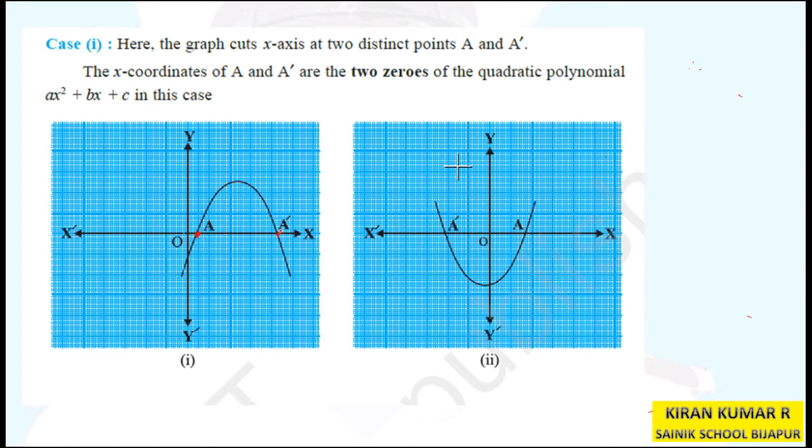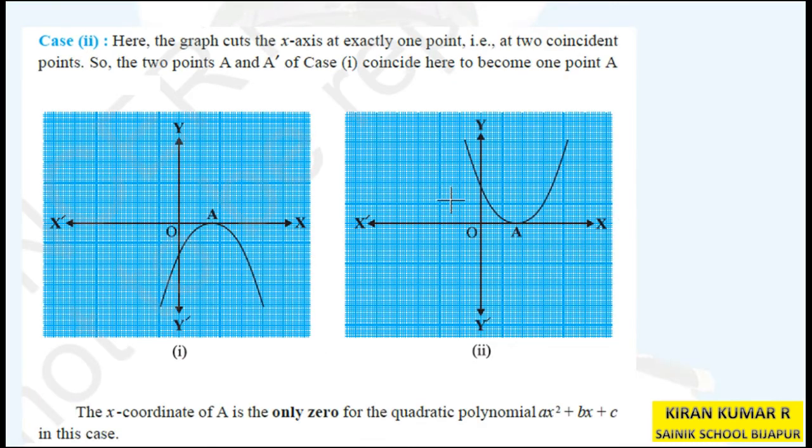These are the 2 points A and A dash. They are 2 zeros. In this case also we have got 2 points A and A dash. They are 2 zeros. So 2 zeros will be there for a quadratic polynomial.